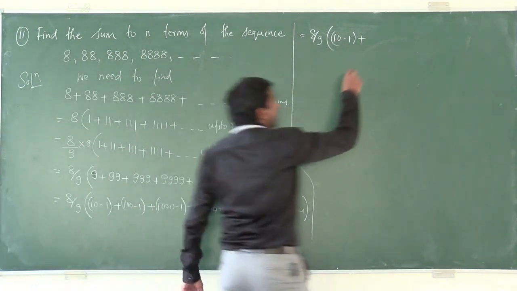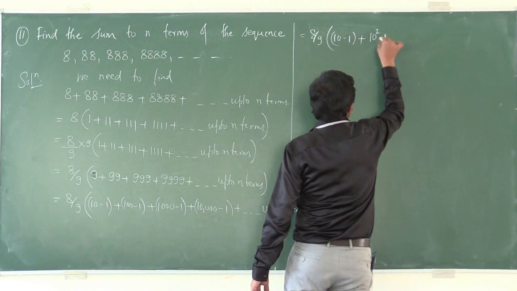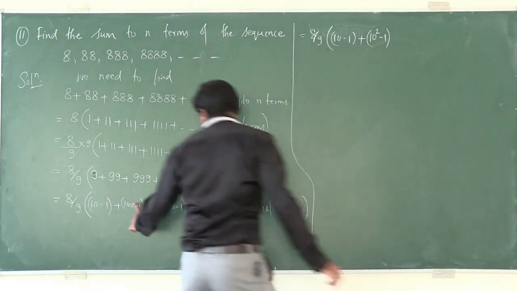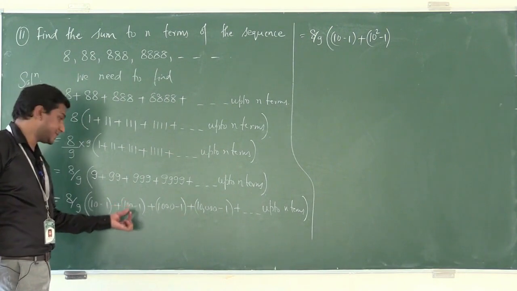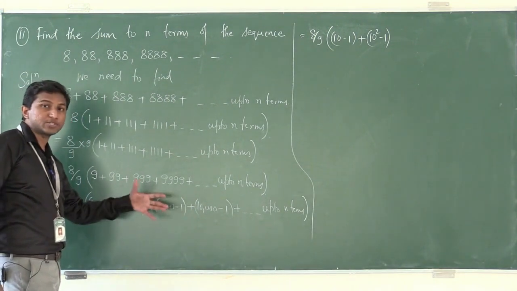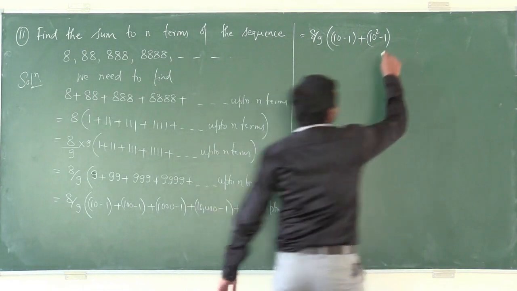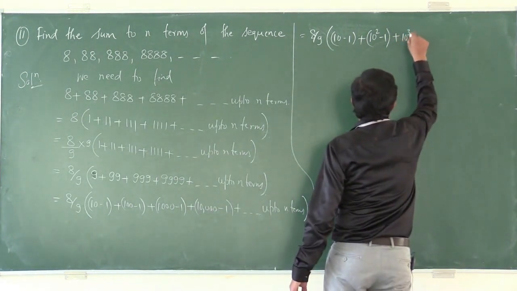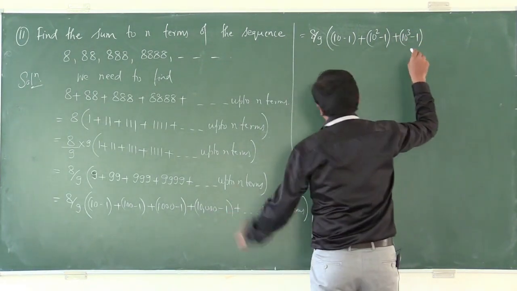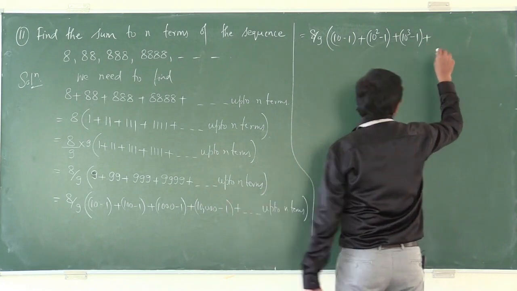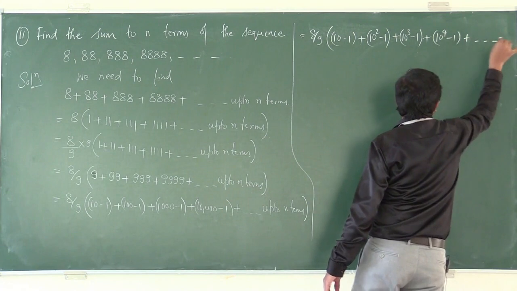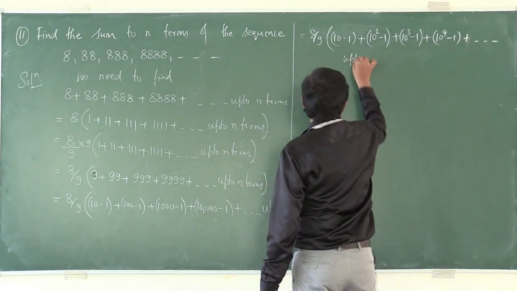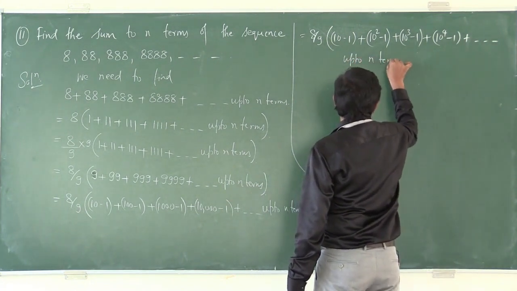It is nothing but 10 square, minus 1. 1000 in powers of 10 is 10 cube, minus 1. 10,000 in powers of 10 is 10 power 4, minus 1, plus so on up to n terms.